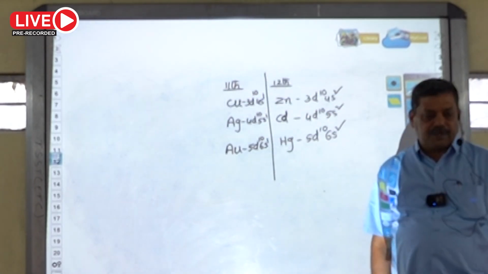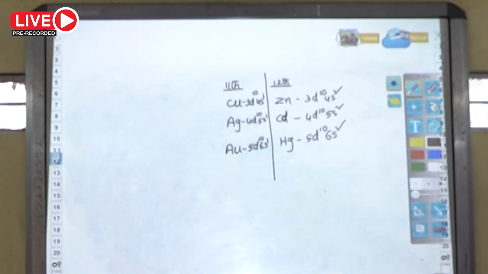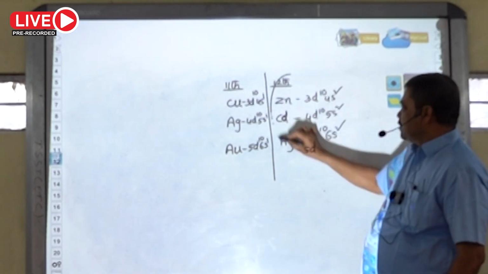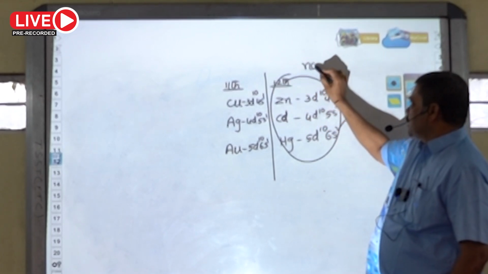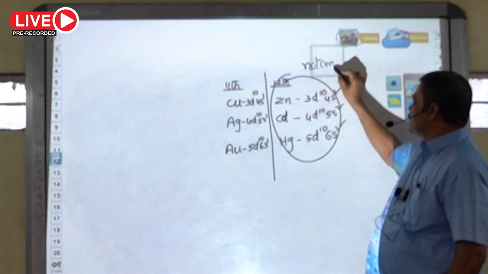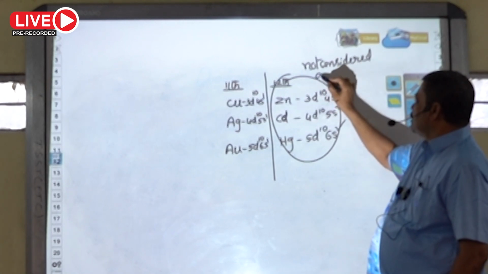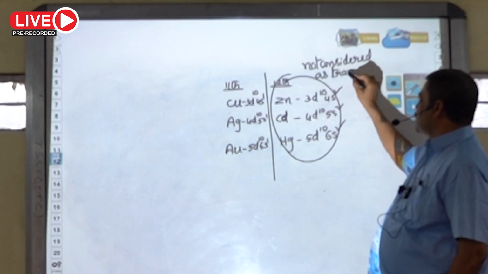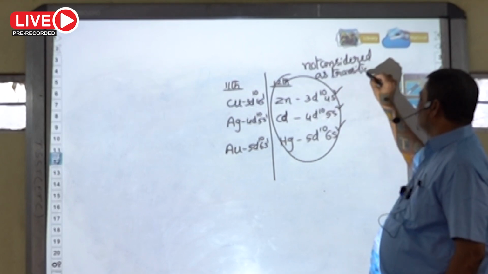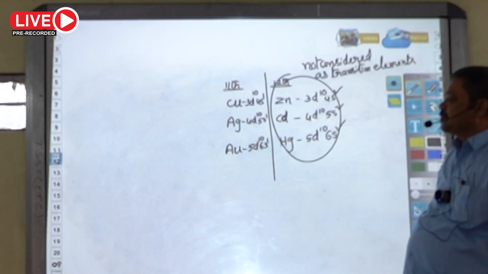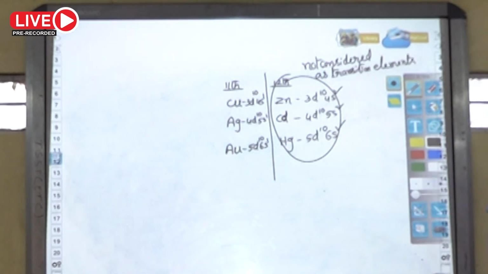These two groups, if you compare, we consider the zinc group as non-transition elements. They are not considered as transition elements.